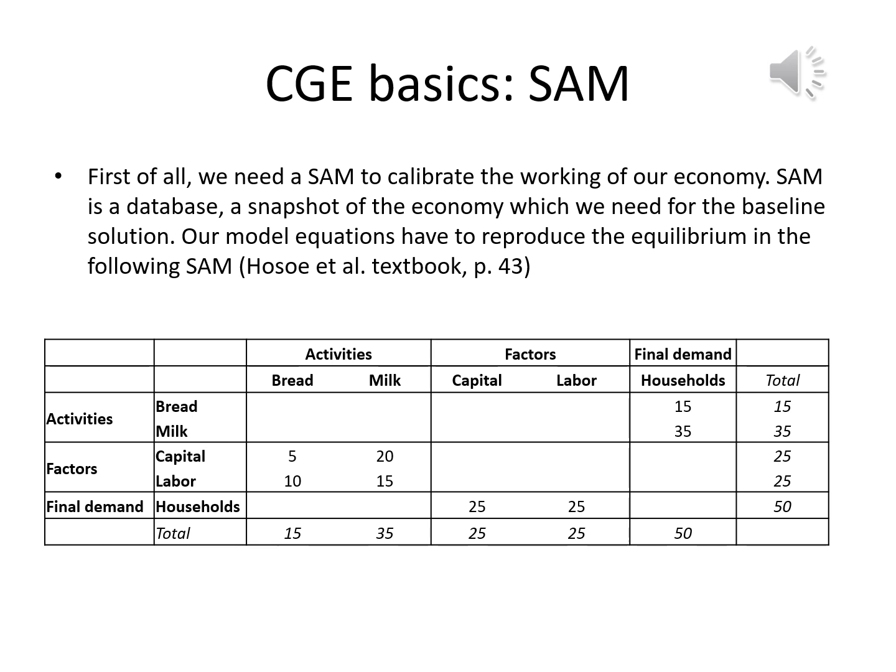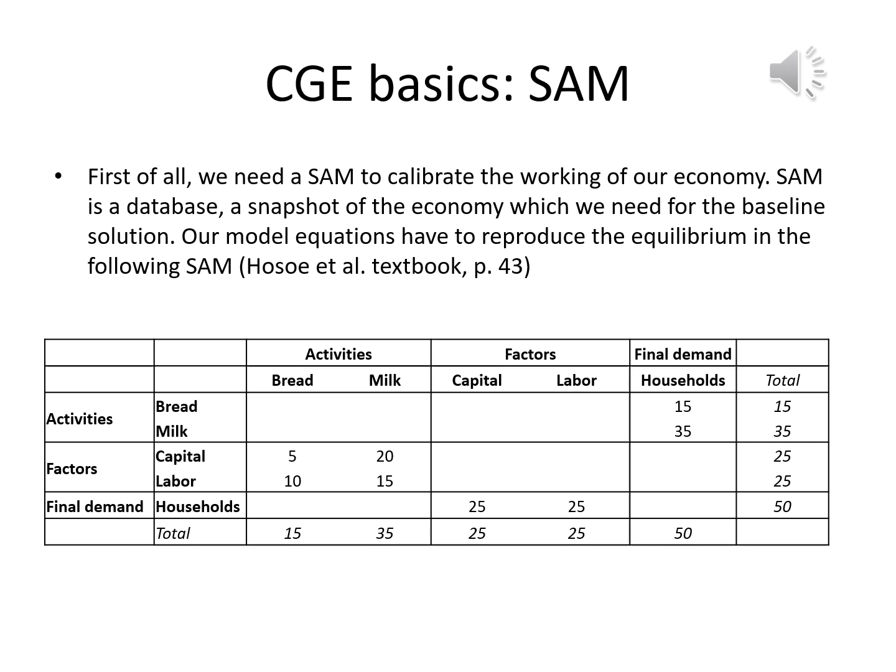So households pay 15 yen to bread, and 35 yen to milk. If you add these up, you get total household consumption, or household spending, which is 50 yen, the total of the column, as you see in the far right column, total.